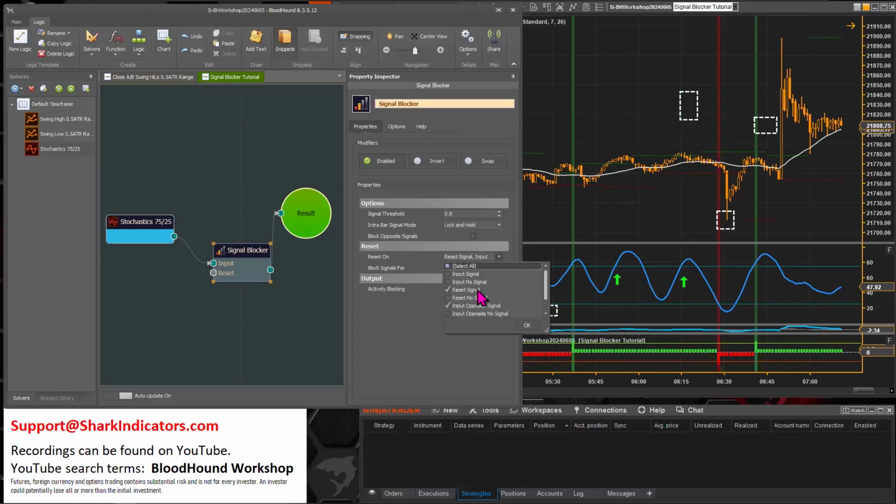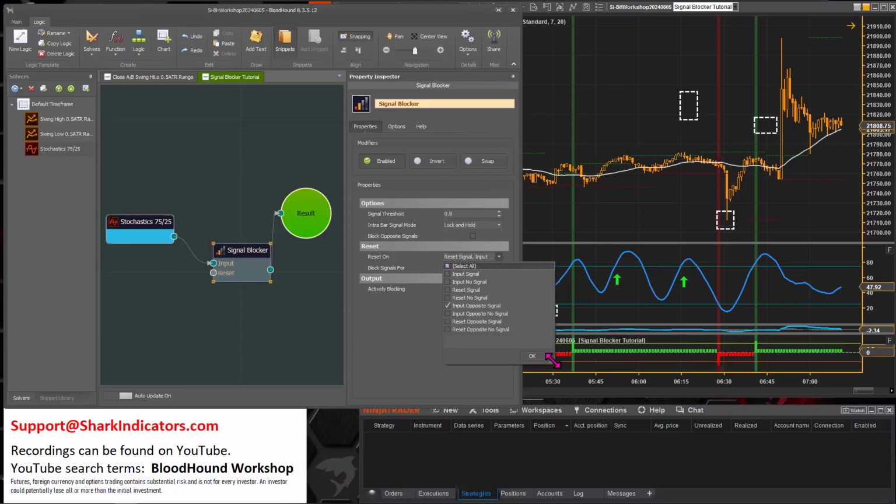So if you're using the reset connection and you want to allow these other two long signals to come in, is your reset signal in the same direction? Is it a long signal that's coming into the reset that you're using to turn off the signal blocker?